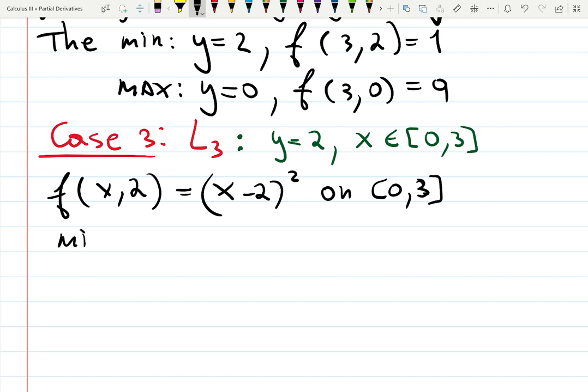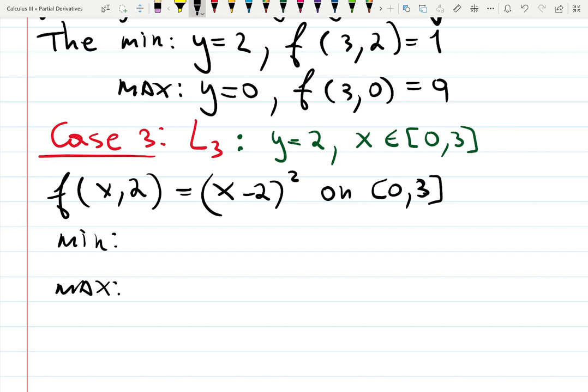So, minimum and maximum. Actually both are pretty interesting questions. What do you think? If you plug in 3, 3 minus 2 is 1. 1 squared is 1. Is this the biggest number we can get? No. What is the biggest number we can get?